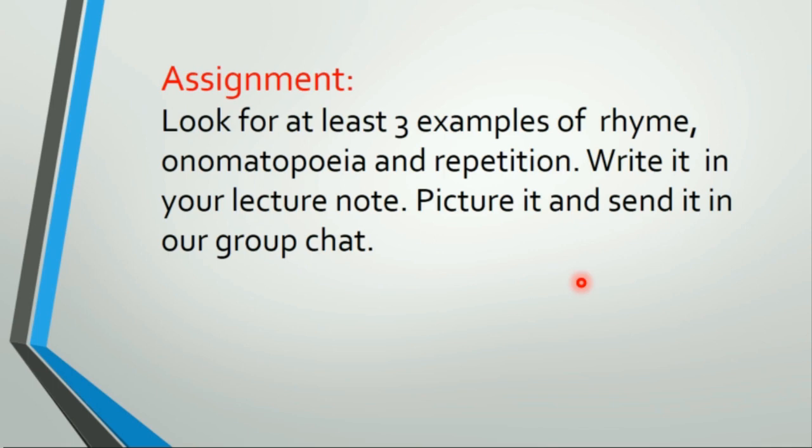You are going to give me 15 examples using rhyme, onomatopoeia, and repetition. Again, 3 from each. Since rhyme has 3 types, that would be 9. Onomatopoeia will be 3 and repetition will be 3, so that makes it 15. Write it again in your lecture notebook, picture it, and then send it to our group chat.